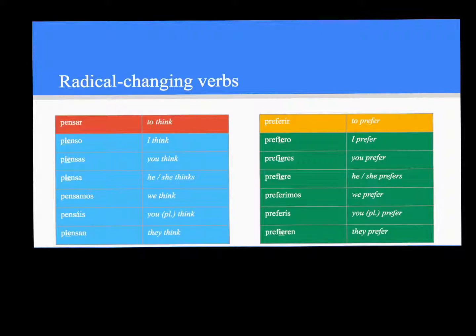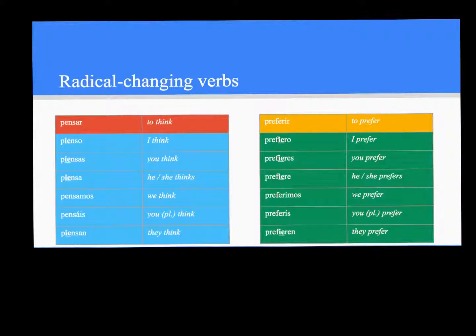So we notice that the singular of pensar changes in the I form from pensar to pienso, and in the you singular form to piensas, and in the he, she, it form to piensa. So in each of the singular forms, the E has changed to an IE.